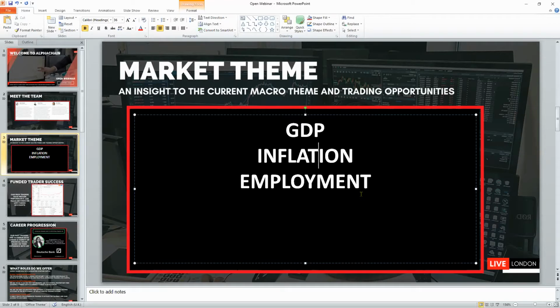Now these are the three key main indicators used by central banks to determine how they adjust their monetary policy, how they adjust certain parameters. And the parameters they have in control fall under two areas: interest rates as well as QE.